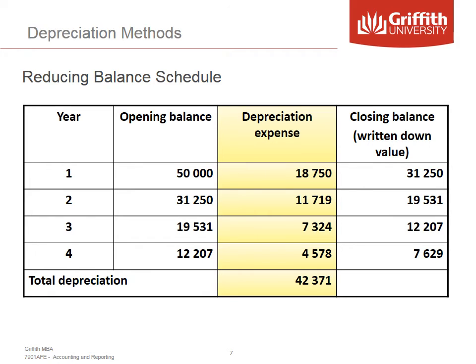Now, what the pattern of this actually means is that as the asset gets older, the dollars of depreciation each year become smaller. And so your profit in earlier years is taking a bigger hit with a bigger amount of depreciation expense.